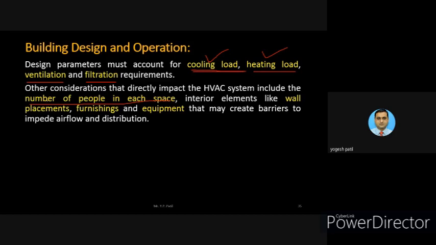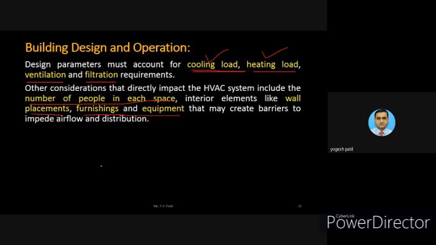Interior elements like wall placements also need to be considered, whether the walls are placed in the natural air sections or somewhere in between. Furnishings and equipment: the furnishings also play a role, because absorption may take place there. And the equipment available in that room or zone, can it be sensitive to these things?